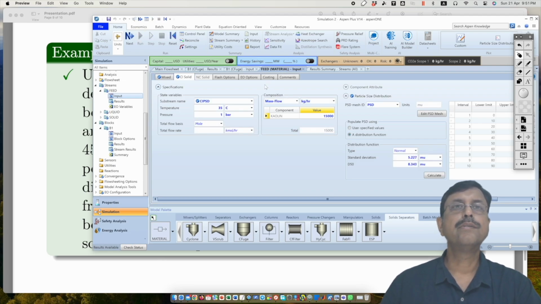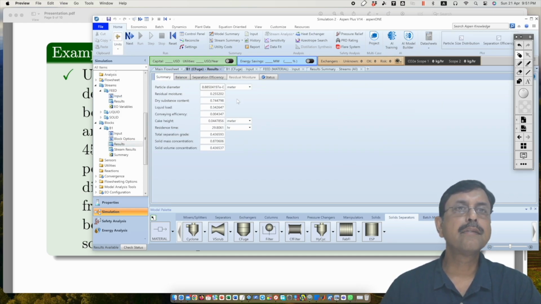Yeah, so the problem is run. We can see the results. This is the particle diameter. Residual moisture content is 25%. Cake height is 1.76 inch. The residence time is 29 hours.